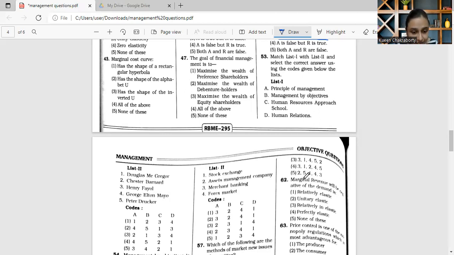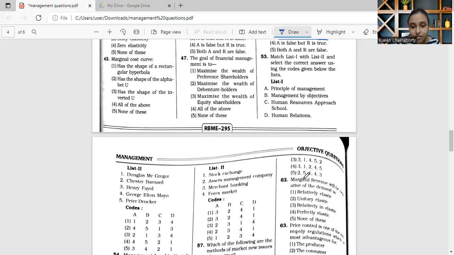So B is 5. Next we have C, the human resource approach school. Human resource approach school is basically Chester Barnard or Mary Parker Follett.